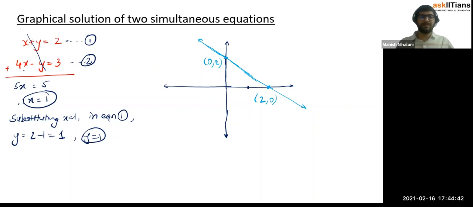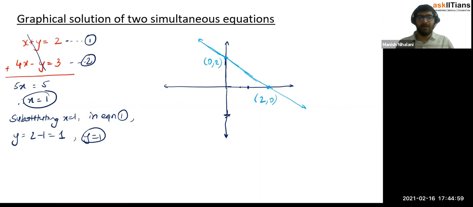Sorry, when your x is 0, your y value is minus 3. So when your x is 0, y is minus 3. When your y is 0, x is 3 by 4, and 3 by 4 is 0.75, which is like this.